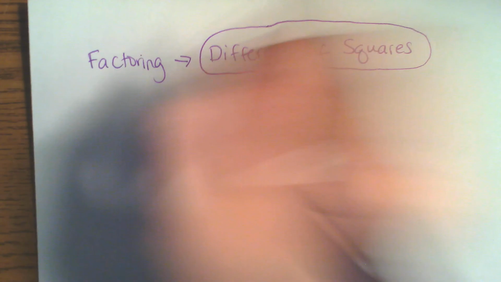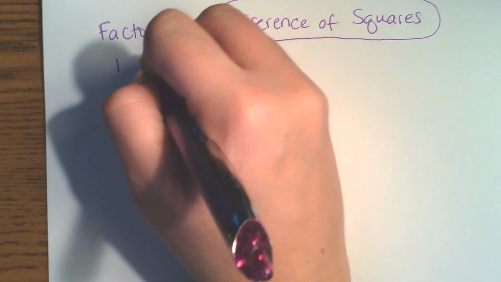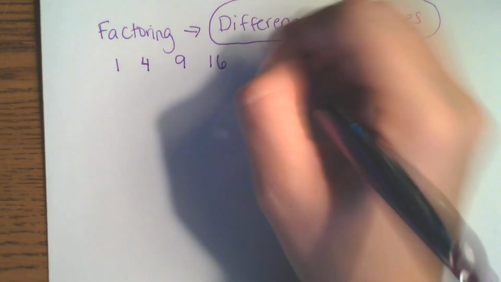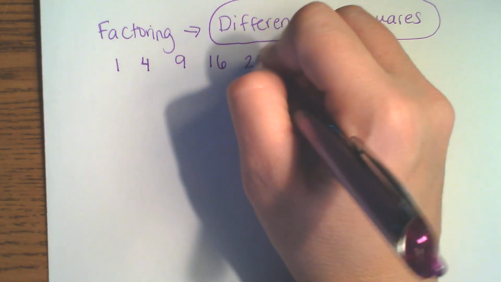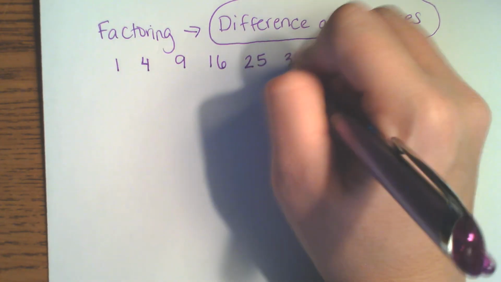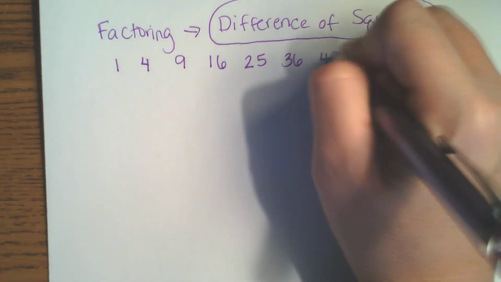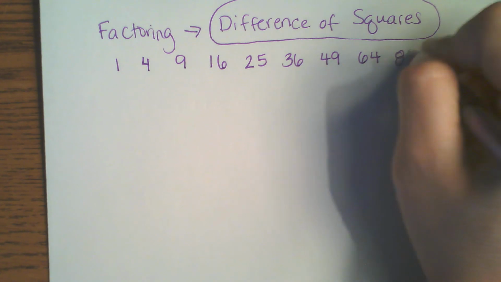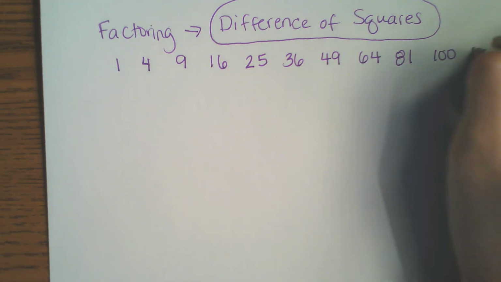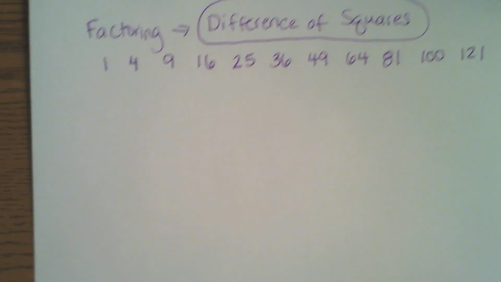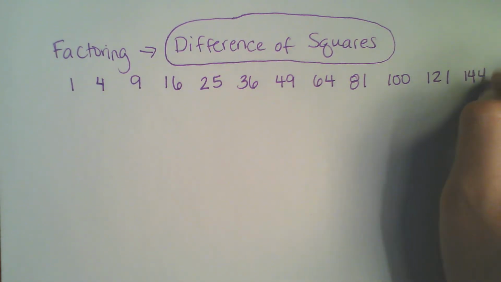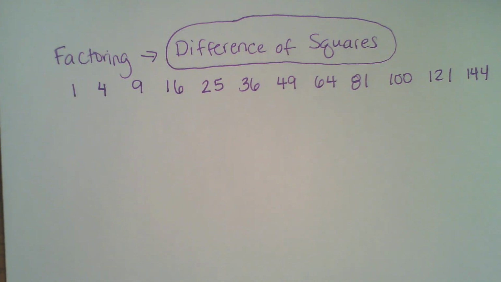So difference of squares problems will only involve certain numbers: 1, 4, 9, 16, 25, 36, 49, 64, 81, 100, 121, 144.